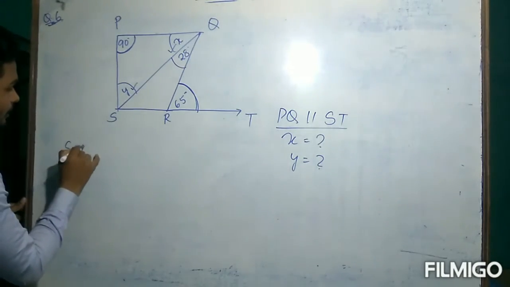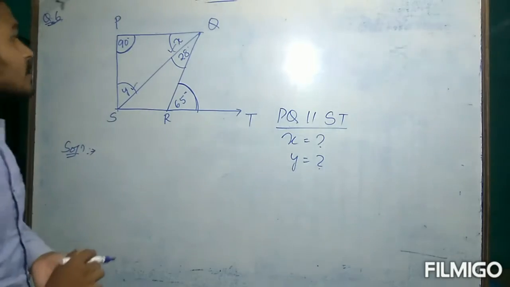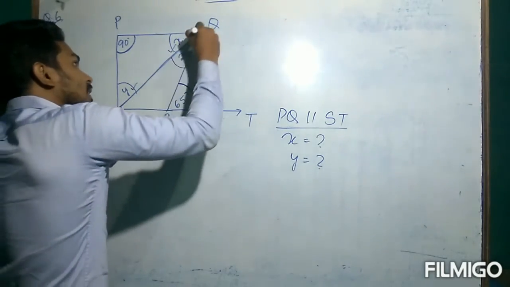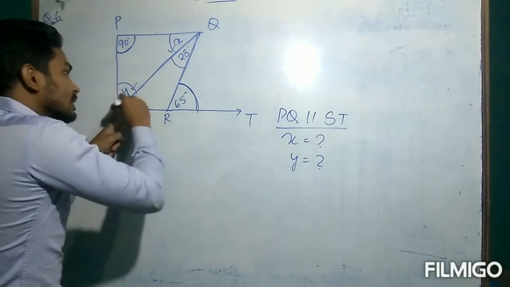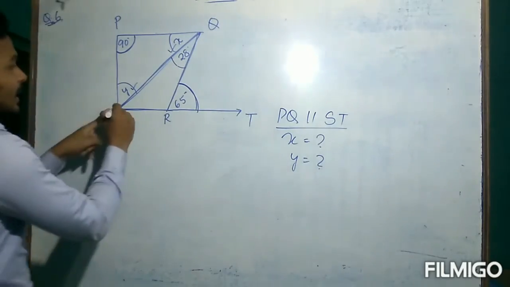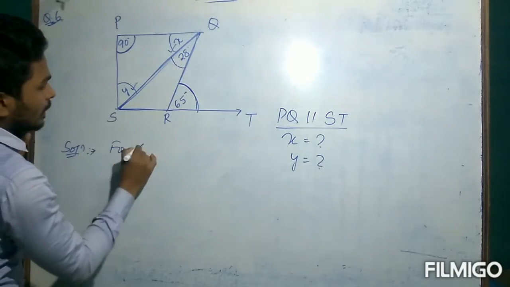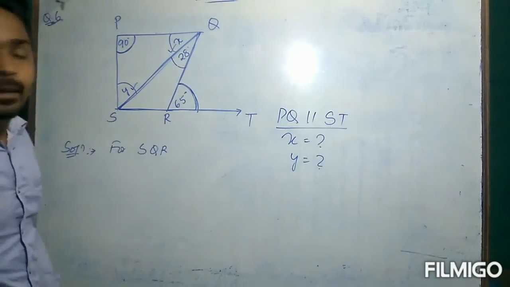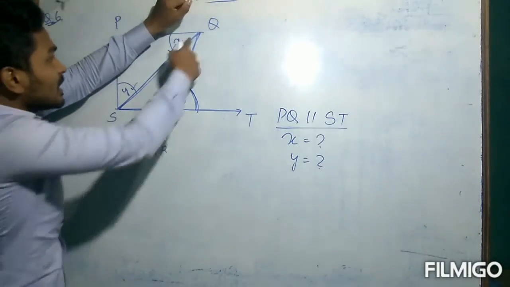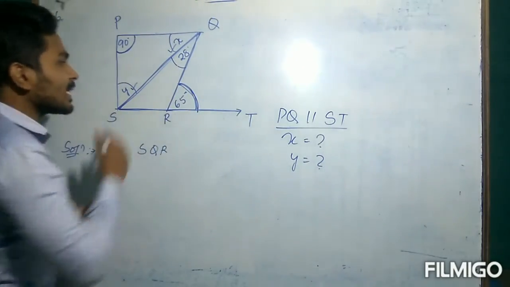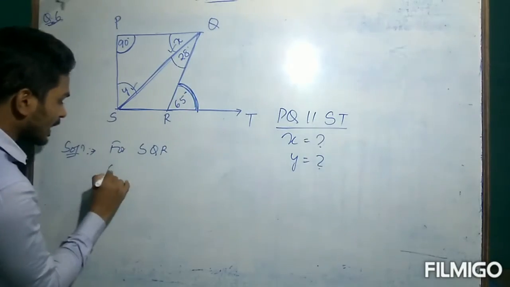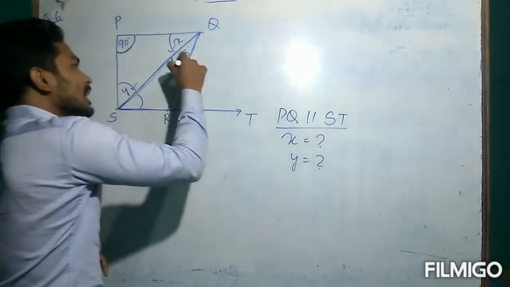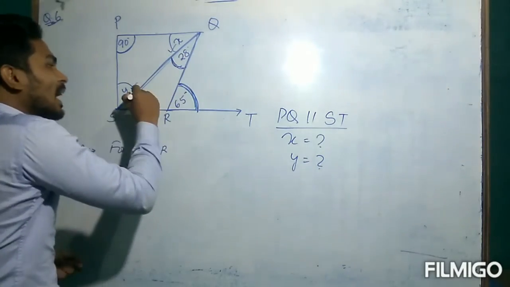So solution. First, consider the triangle SQR. Which triangle? This triangle. Understand it clearly. For this triangle, this is the exterior angle. Forget about the other thing. Only consider this triangle. Now we know the exterior angle is equal to the sum of two interior opposite angles. So this angle and this angle.